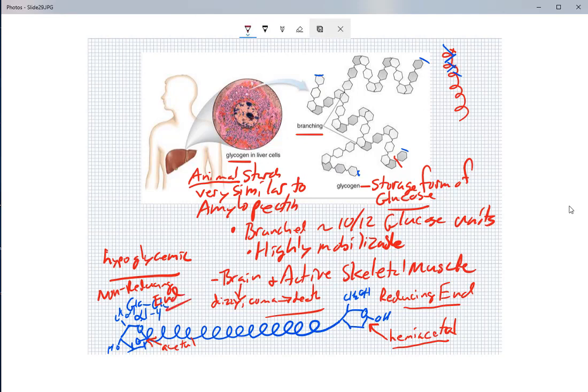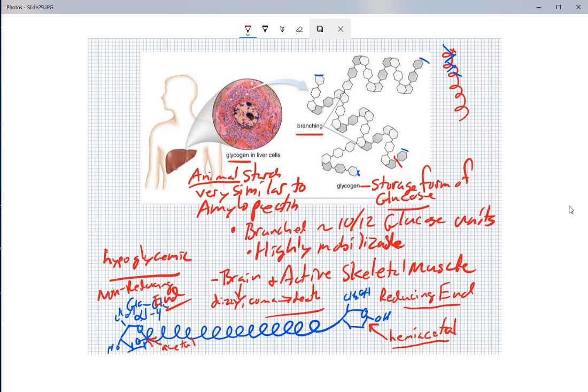So these polysaccharides do have a reducing end, but remember there might be hundreds or thousands of these glucose units and only one hemiacetal. Because of that, it's really a concentration effect.